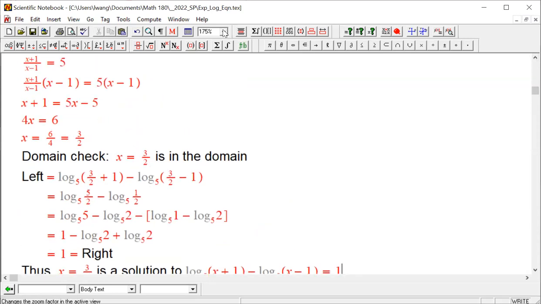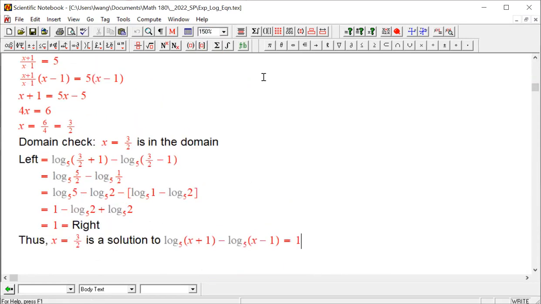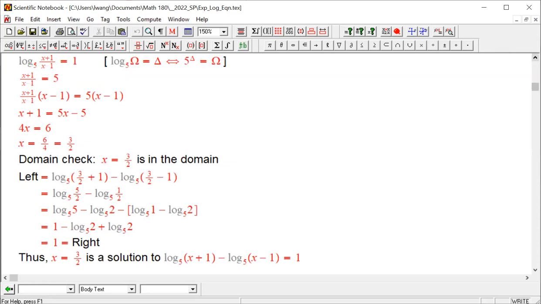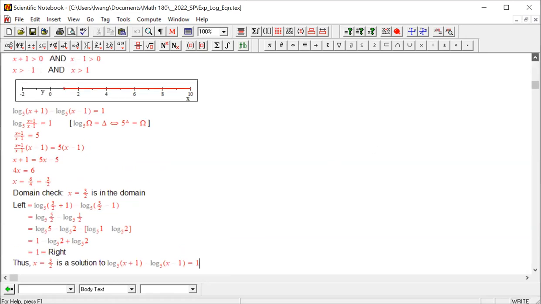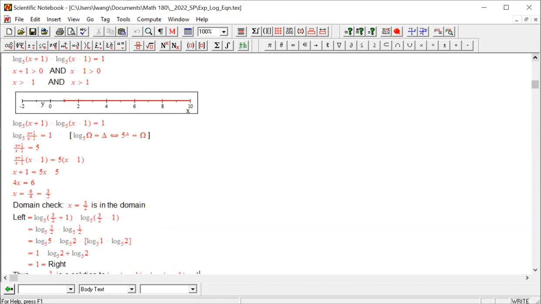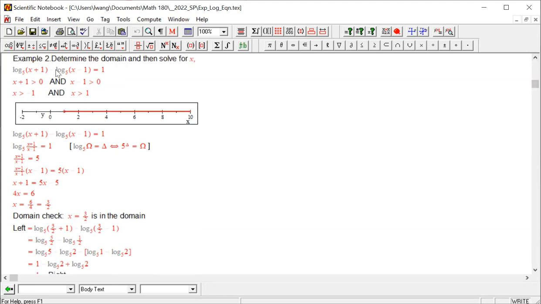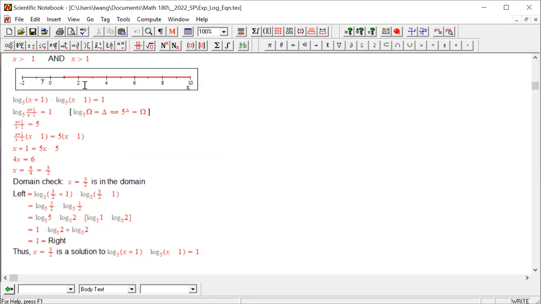Okay, so let me show you the whole thing. Does it show all? No. 100%. Let's see if that shows. Yep. Okay. So from the beginning, we determine the domain, and then we go down the steps and find the solution, and then check the solution.